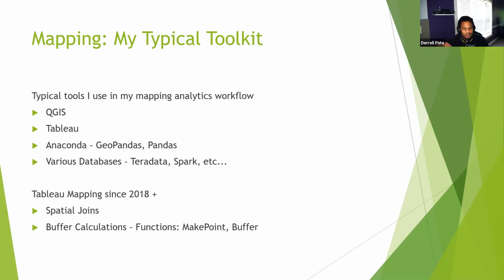All right, so what about the techniques? What techniques are we going to be talking about today? Rashid gave a perfect introduction about what we're really going to be doing and has shown you most of the stuff that we're talking about today. So Tableau mapping since 2018 plus, the two biggest features for you to look up at a later time if you want more information are spatial joins, the first piece of taking a shapefile, seeing another shapefile, showing where they intersect, showing where they join.